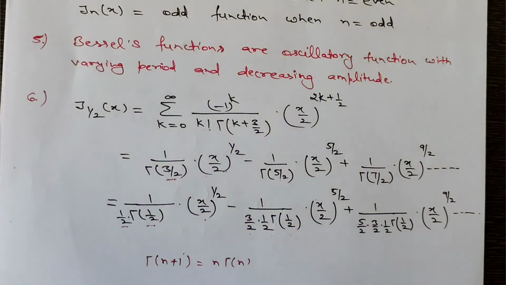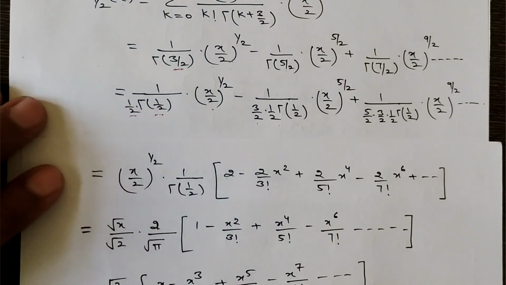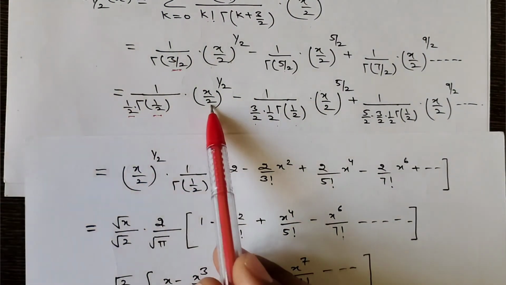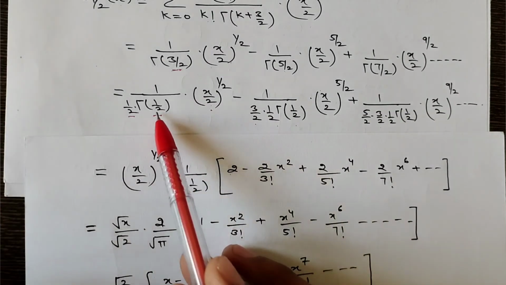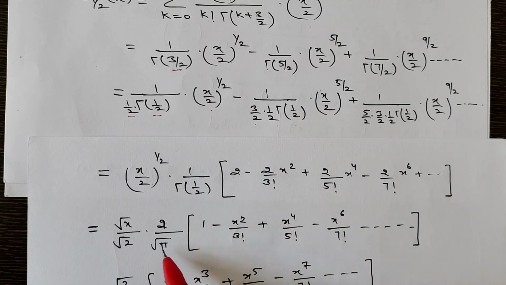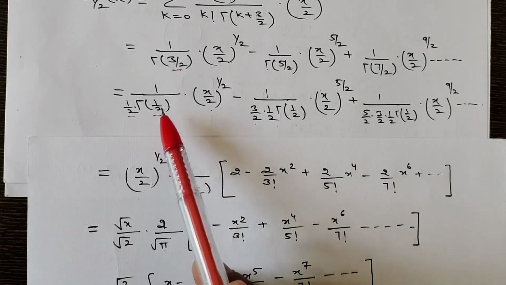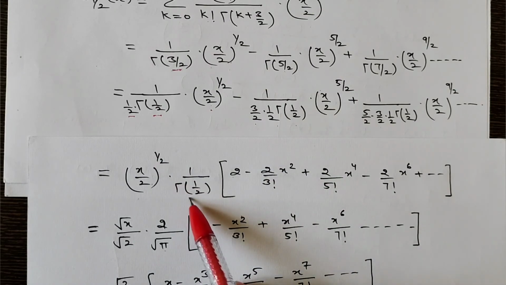In the next step, I had taken this term (x/2) raised to power half, and Gamma(1/2) is a very well known result: it is root pi. So I had taken (x/2)^(1/2) times 1 over Gamma(1/2) common.